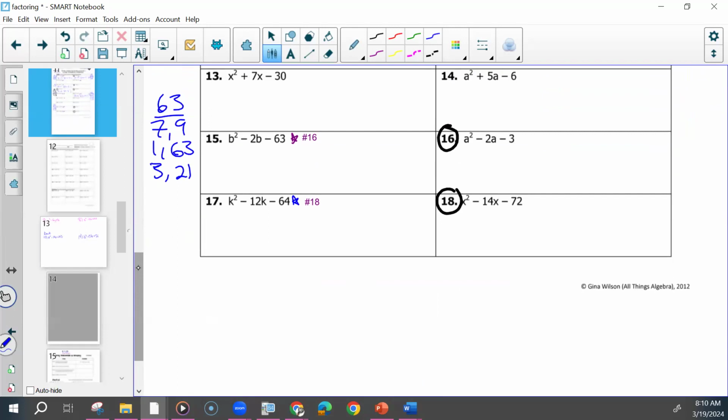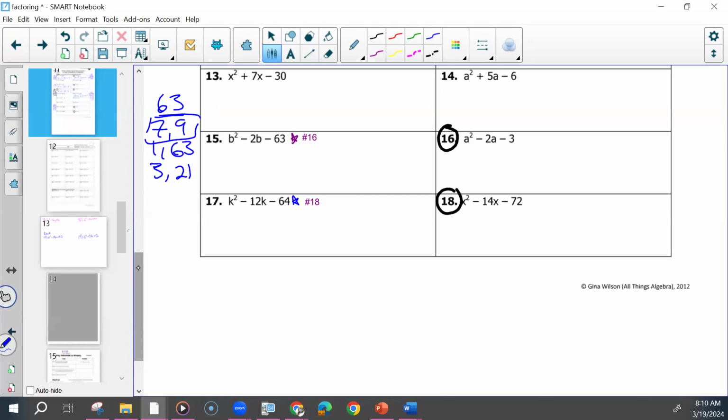So then of those, again, we have a negative 63. One of the factors has to be negative. Which pair could we choose and which one would be negative? 7 and 9, that pair. Why that? If I were to add or subtract these 2, would we get negative 2?